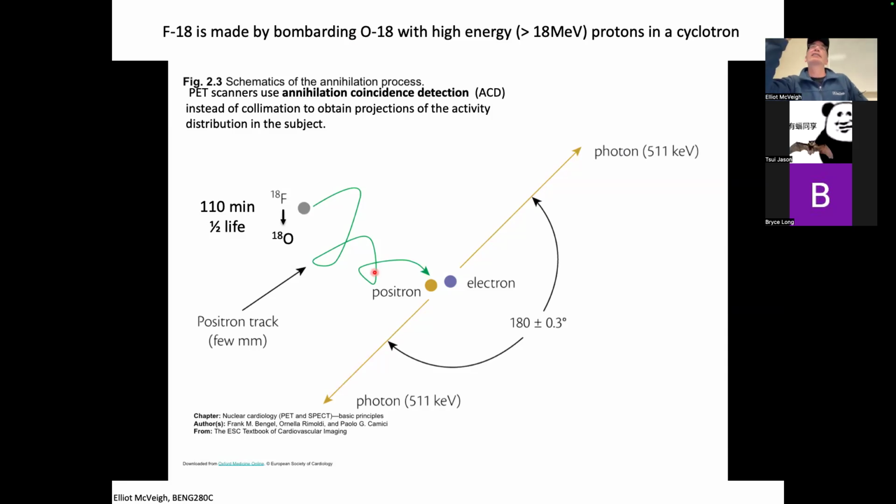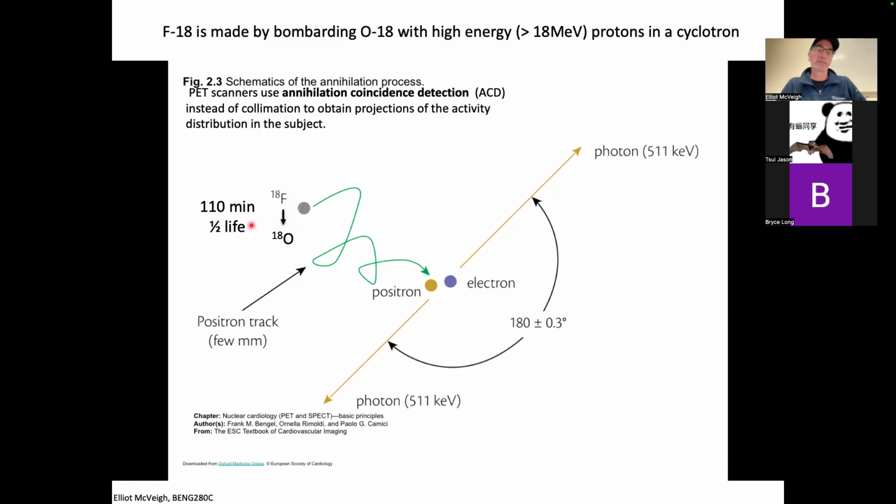It's not a 2-micron dot. It can wander millimeters in the tissue before it finds an electron pair, which is a source of blurring, obviously, because you have a source and then it's going to wander away from the source and then annihilate.